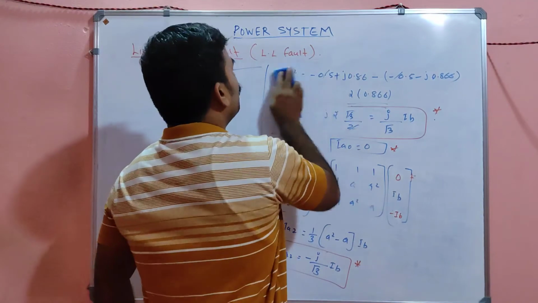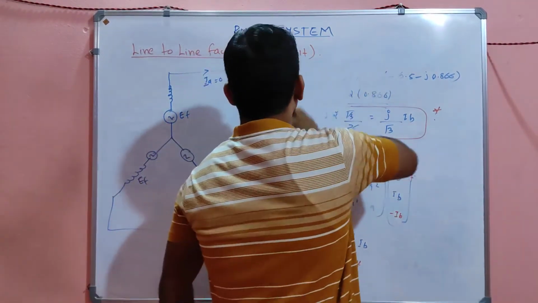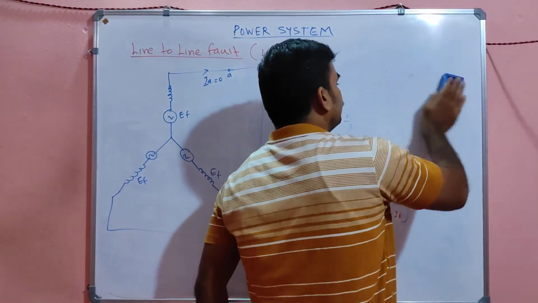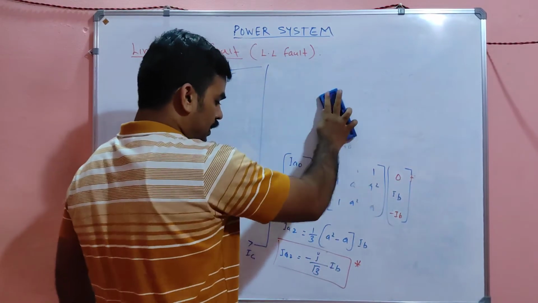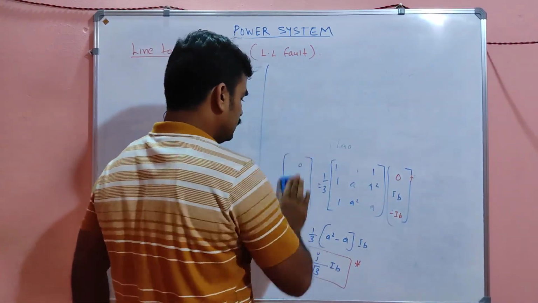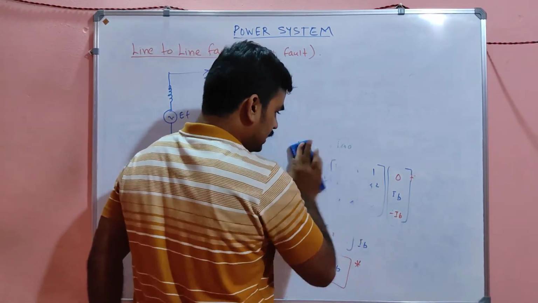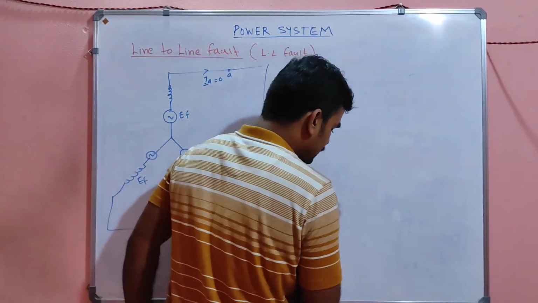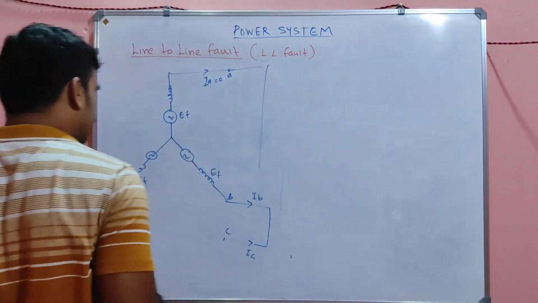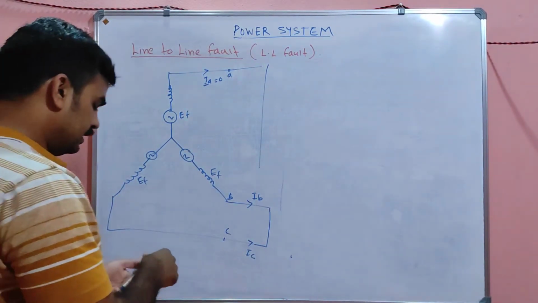And finally, what will be the fault current? Fault current is nothing but IB. I will explain now. You just remember this equation, my dear. That is also another derivation, but we don't want that derivation at all.